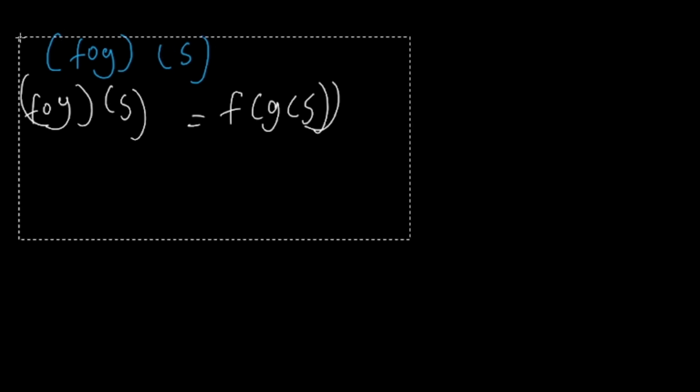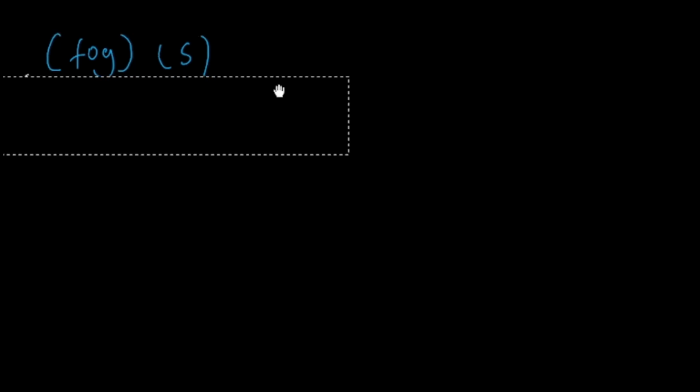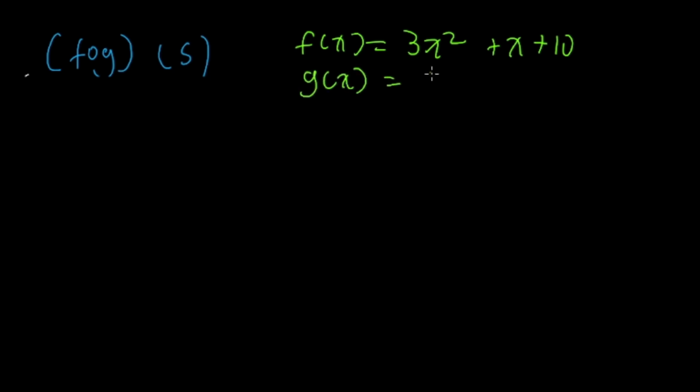In that same question, they've told us to solve f of g of 5 when f of x is equivalent to 3x squared plus x plus 10, and g of x is equivalent to 1 minus 20x.